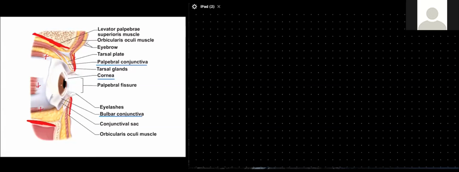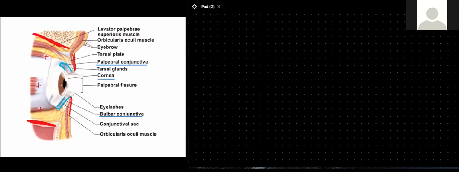If we're looking on here, the inside of the eyelid, either the superior or inferior eyelids, along with the external part of the eyeball, will be covered by a membrane. We call the membrane the conjunctiva.